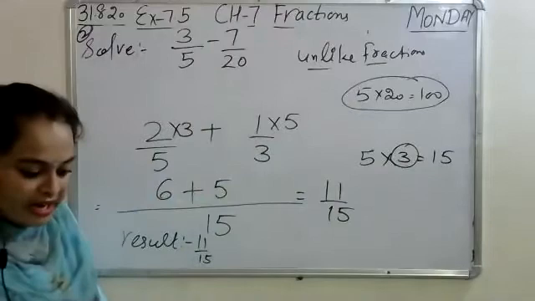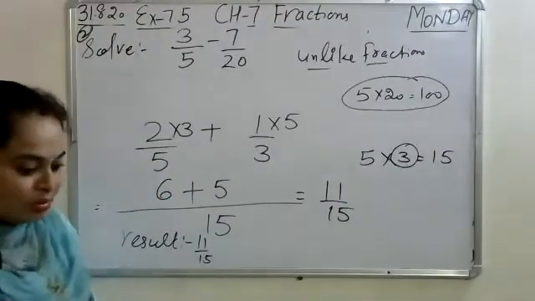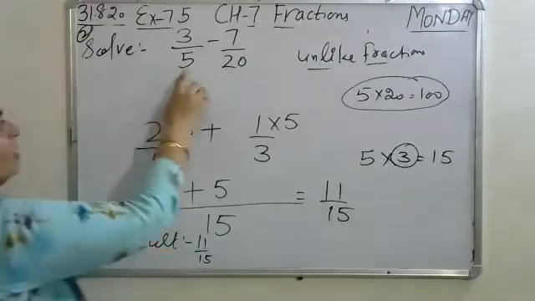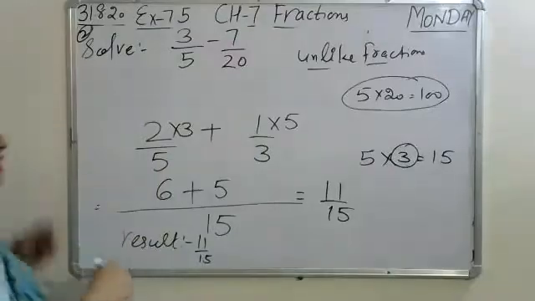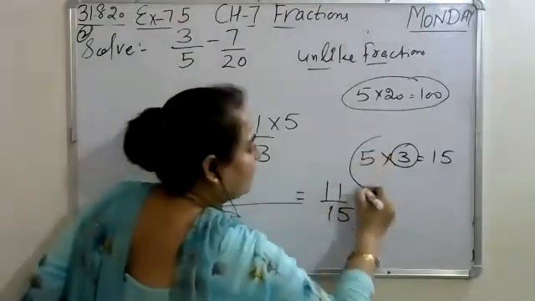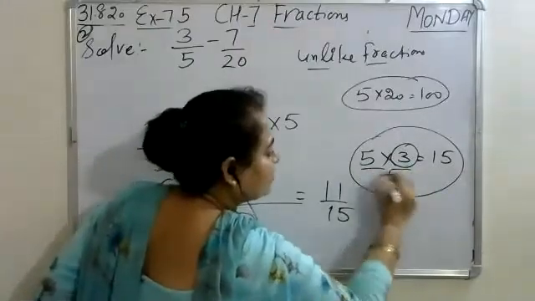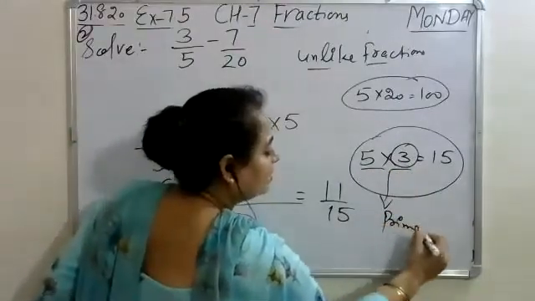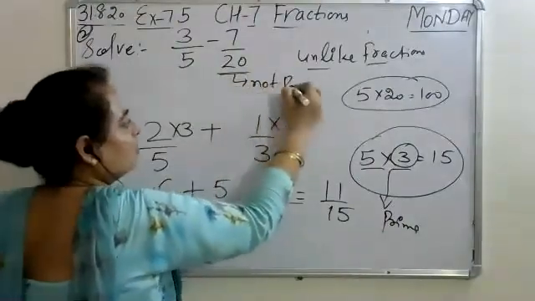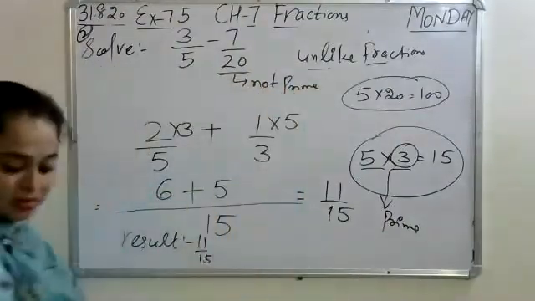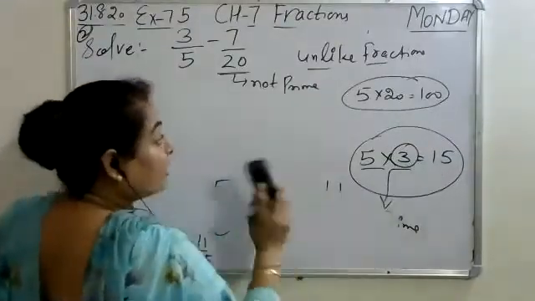No. Because 20 is not a prime number. We will apply the multiplication rule if both the denominators are prime. But here 20 is not prime. So this shortcut multiplication method is not applicable.